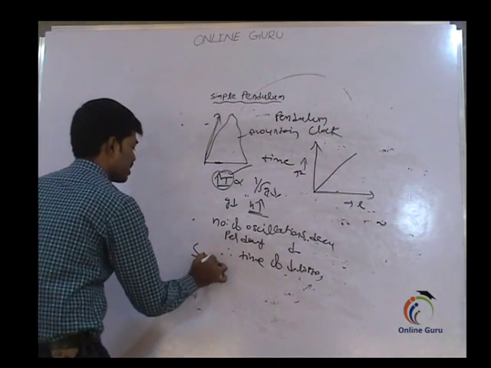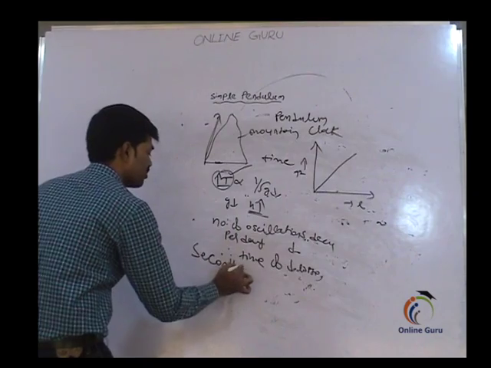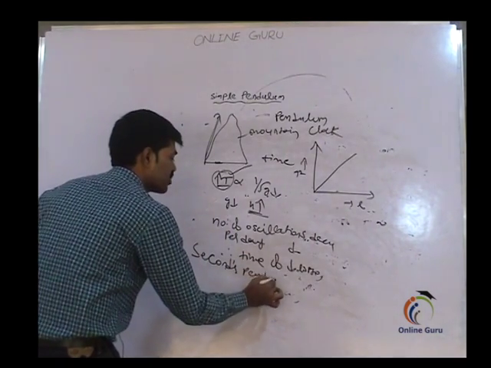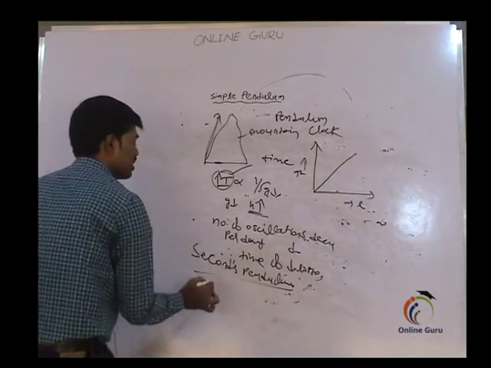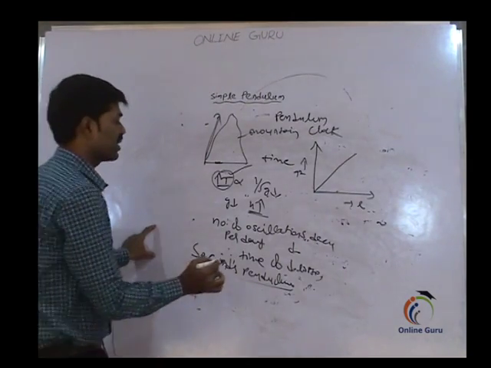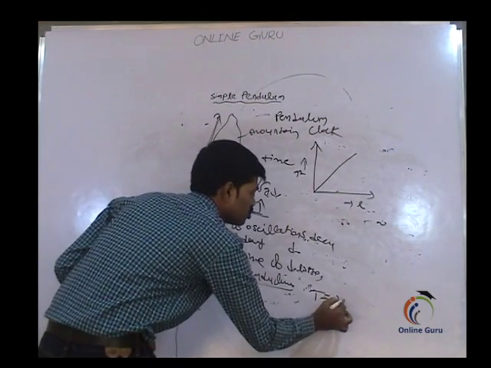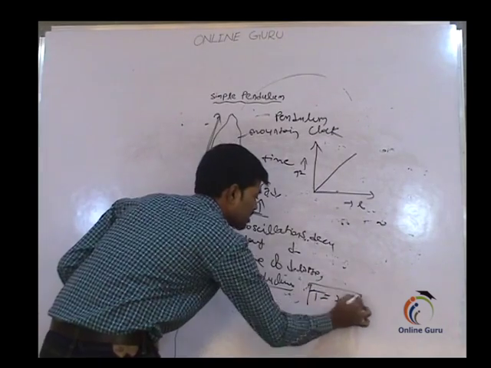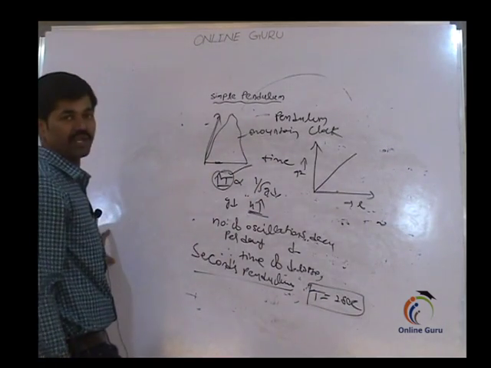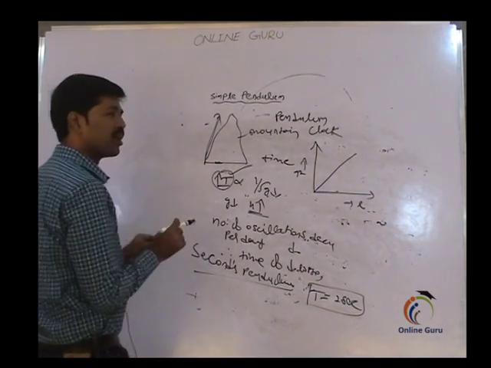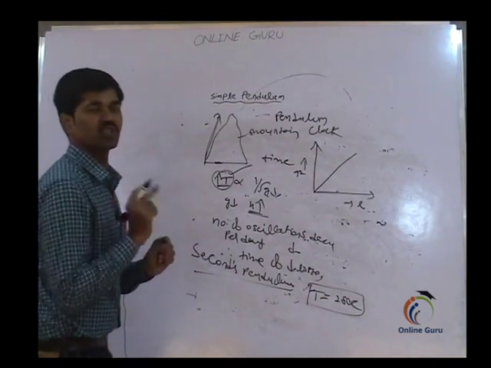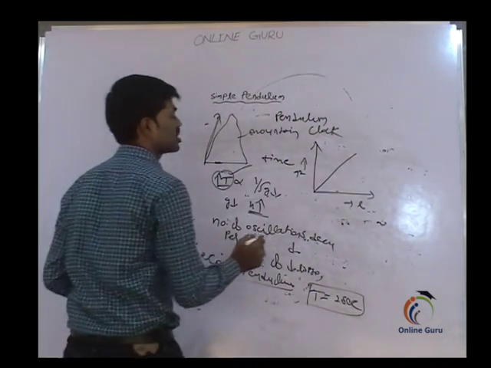Here, the seconds pendulum. What is a seconds pendulum? A seconds pendulum is nothing but a pendulum whose time period T is equal to 2 seconds. That is called a seconds pendulum.